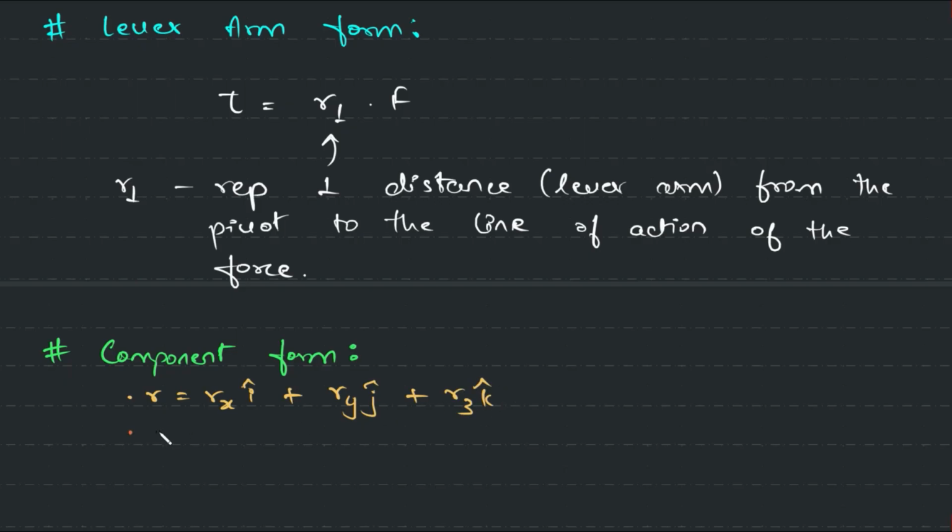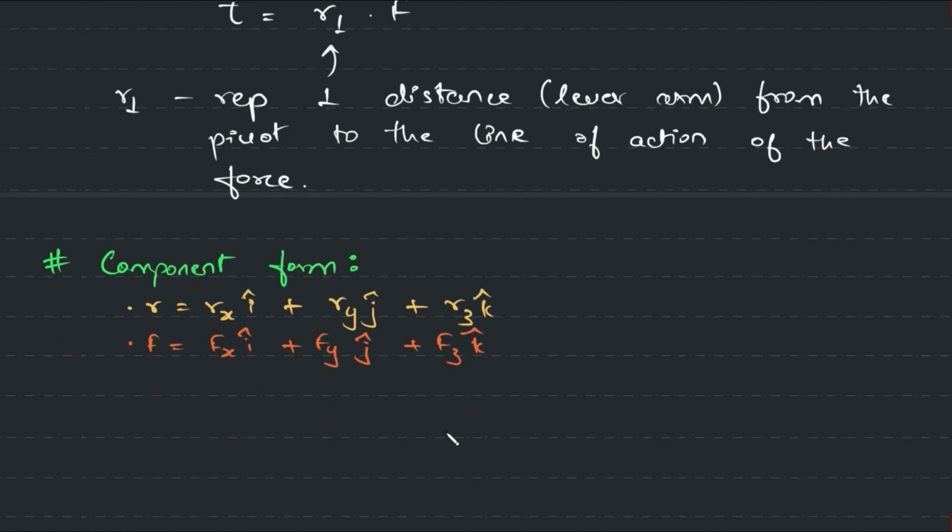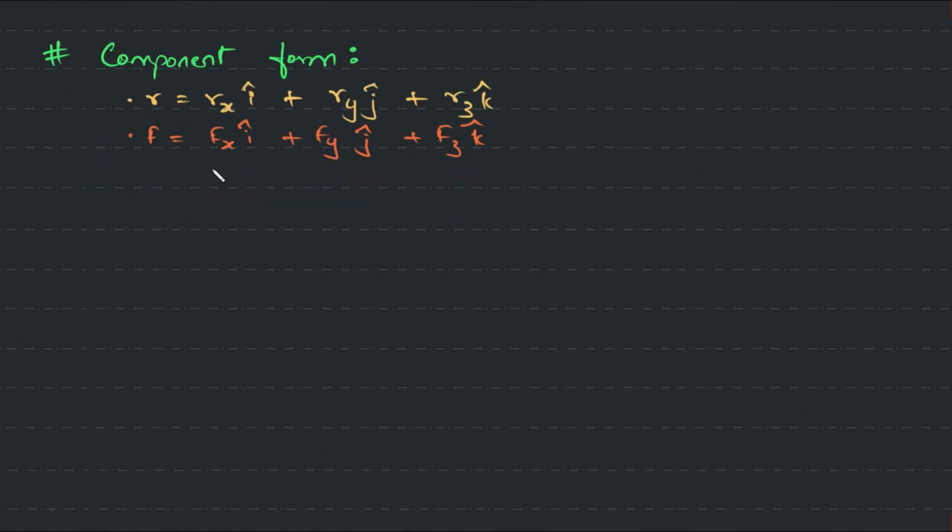Then we have your force along the x-axis, along the y-axis, and along the z-axis. If it's so, then your tau will be tau x i cap plus tau y j cap plus tau z k cap.